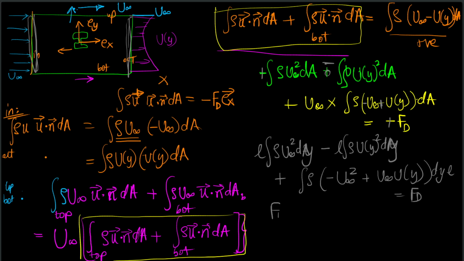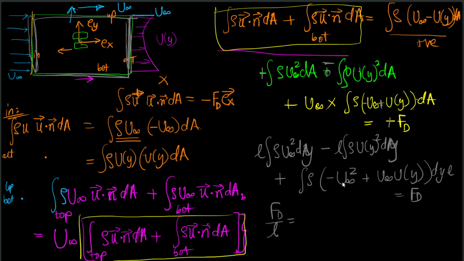So the force per unit length is equal to this integral, and this integral is once again over this height only. We have converted the integral over these two areas to something which we know over these heights.